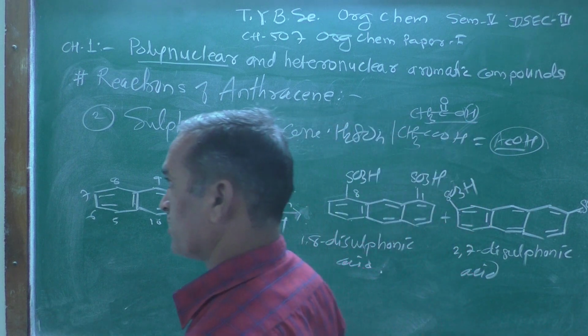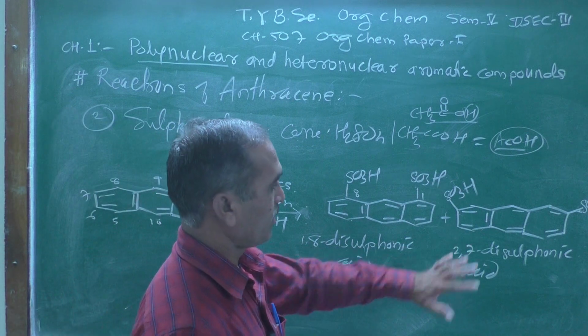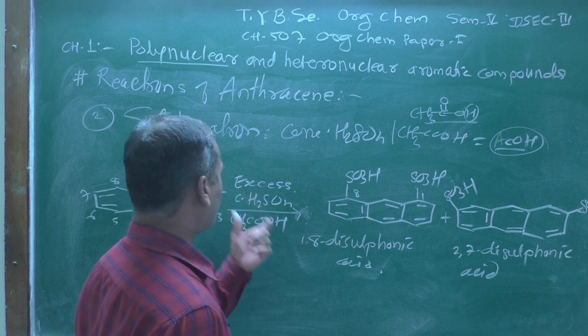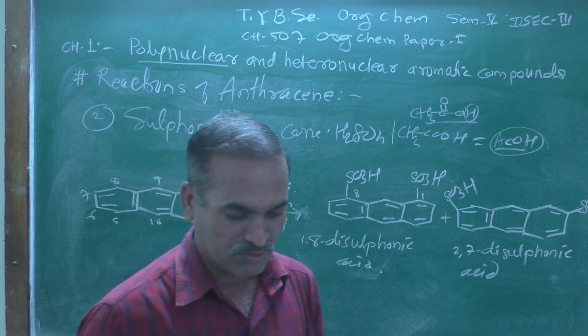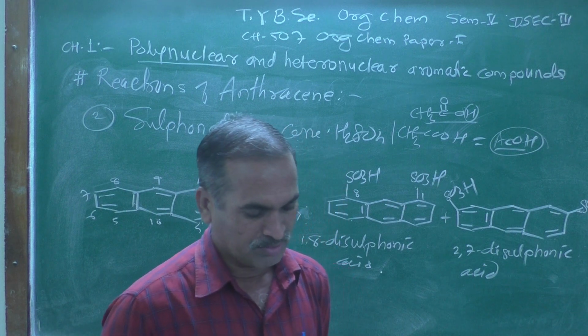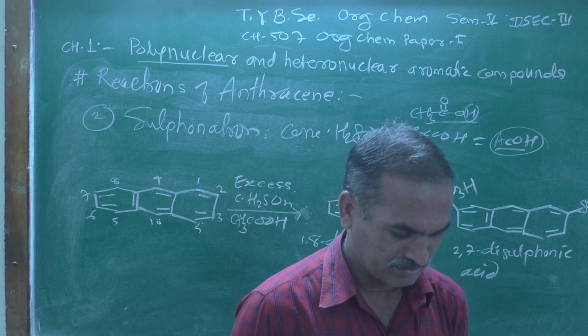2,7 disulfonic acid we generally get after the excess use of concentrated H2SO4 in presence of acetic acid.